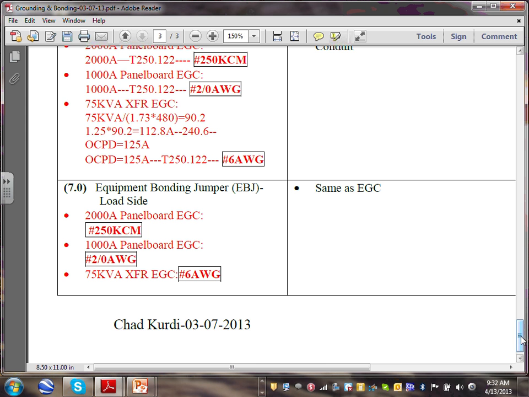Why would they do that? It doesn't make sense. Well, because we already oversized the equipment bonding jumper on the load side. We sized it based on the 2000 amp, not on 1/5 of the 2000 amp, right?